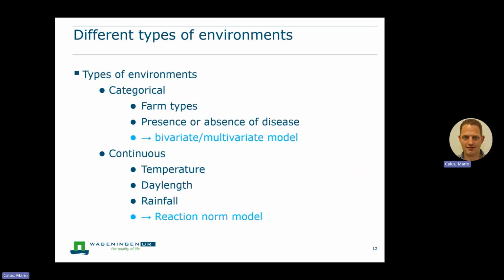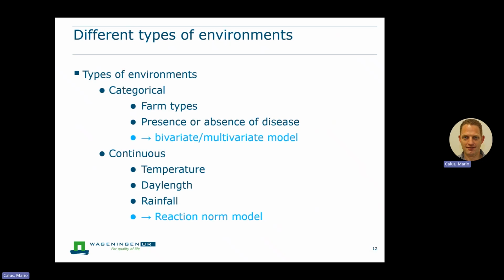Another way to categorize or to group types of environments is to look at those that are categorical. So if you have different farm types or system types, or the presence or absence of a disease, then you can very clearly define individuals in 2 or more different groups. But there's also environmental measures that are more continuous. So if we think about temperature, day length, or rainfall.